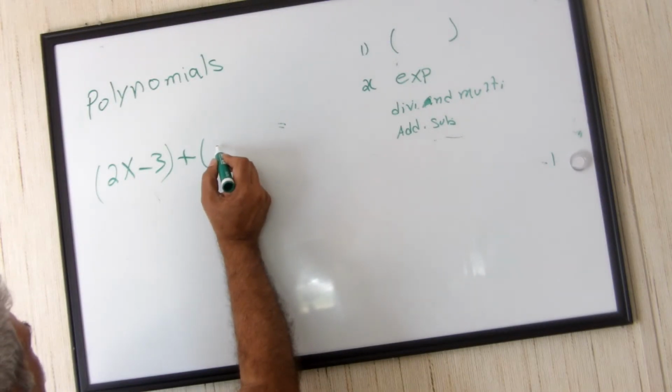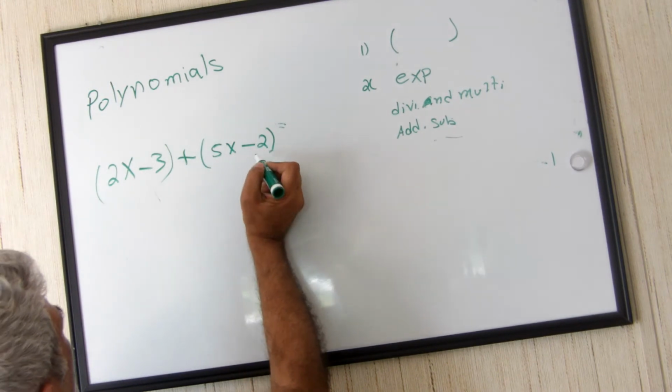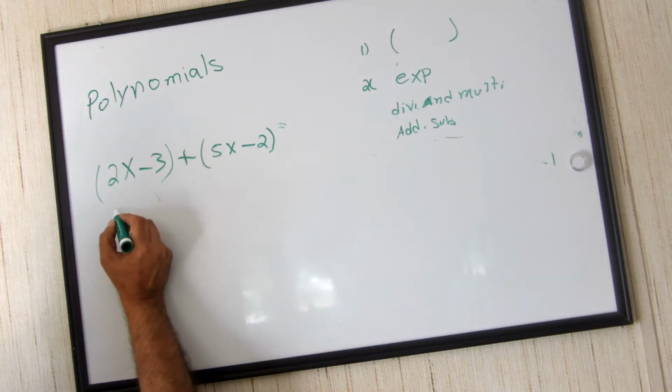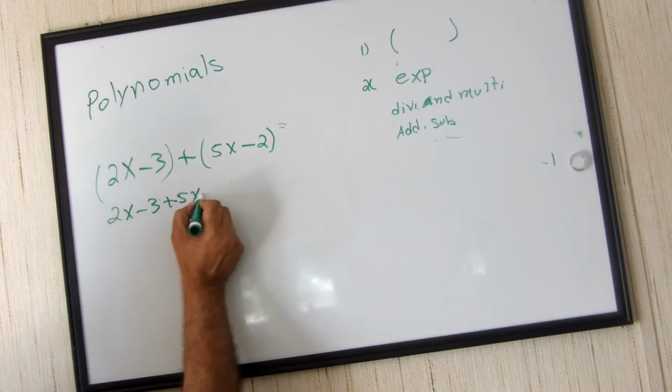It's going to be plus 5x minus 2. It's obvious. We have a plus sign, so all of them are written the same way, plus 5x minus 2.